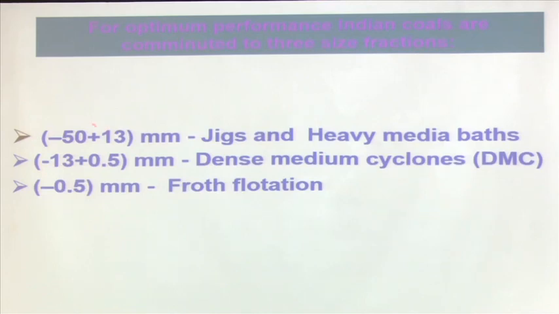Basically, the equipment sizing and the techniques we use depend on feed sizes, because it is evident that the coarser the size, the easier it is to separate, because your mass is more. Mass being more means the difference in relative settling velocity is more. When I have a relative positional difference easily achieved, I can separate them easily. So, for coarse coal the problem is less because the individual masses are more.